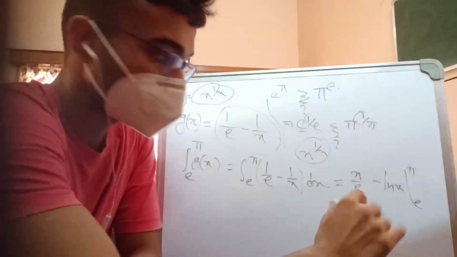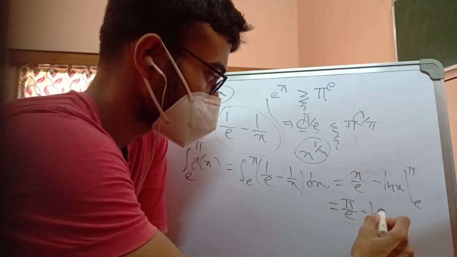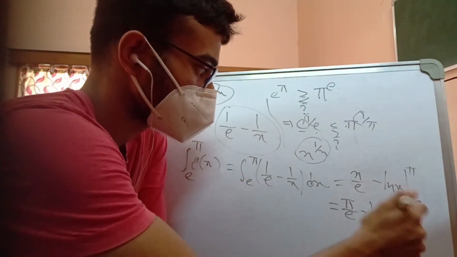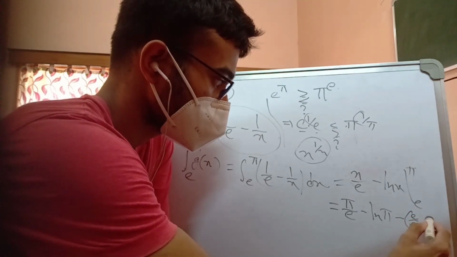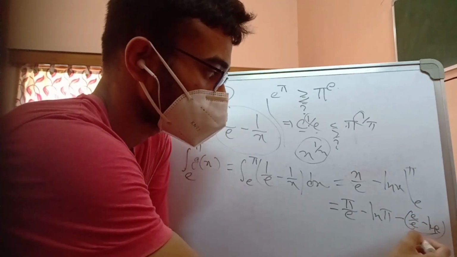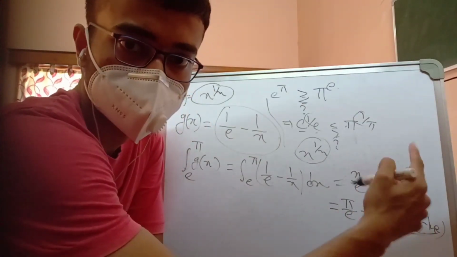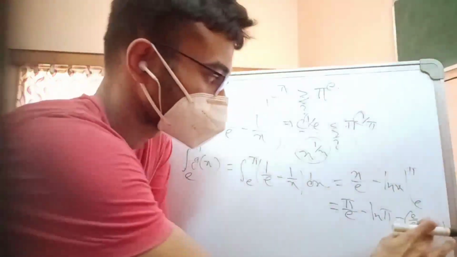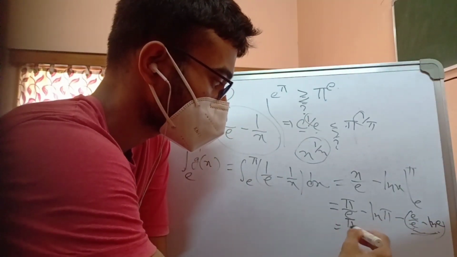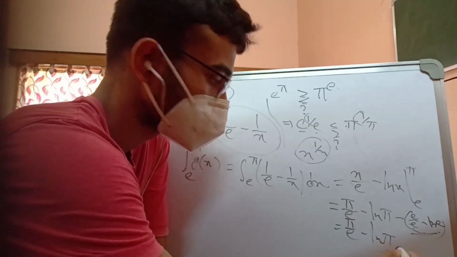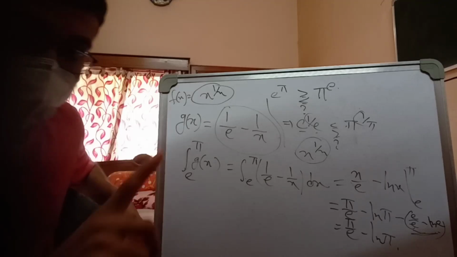Then you use pi over e minus ln pi, but whenever you use e, there would be a minus: e over e minus ln e. But this is 0 because ln e is 1 and e over e is 1, so what is left is just pi over e minus ln pi. Cool, so far so good.